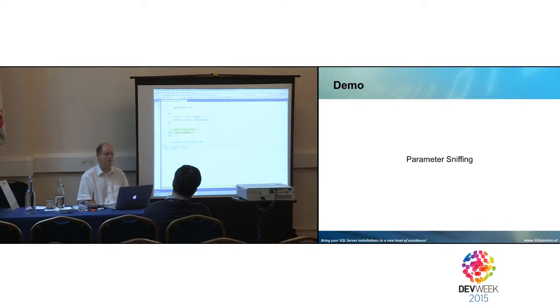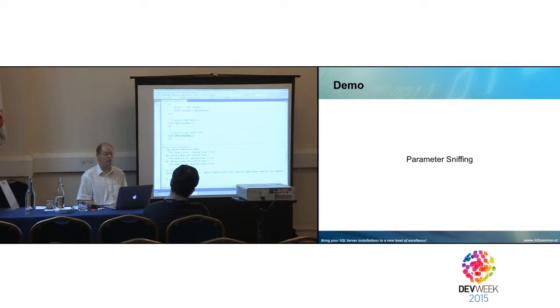Value of 1, very, very selective, so in that case it makes sense to perform a bookmark lookup. As you can see, the seek returns 1 row, means we perform the bookmark lookup just once. Very simple. In that case we have 3 logical reads.